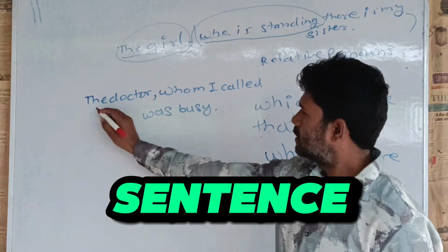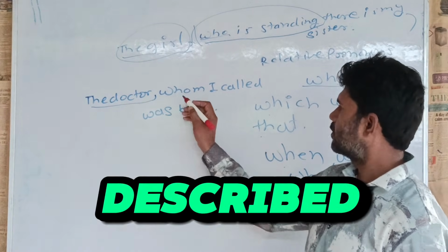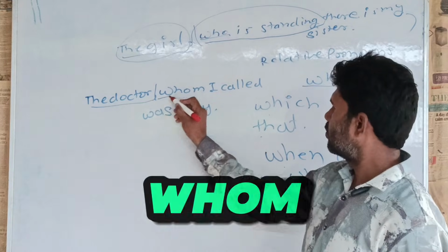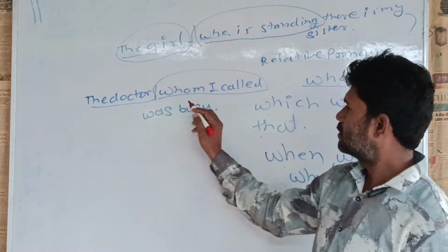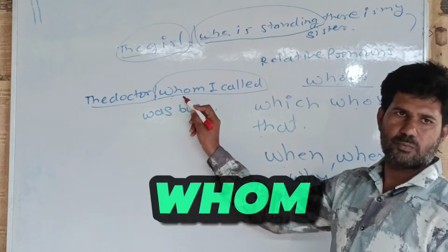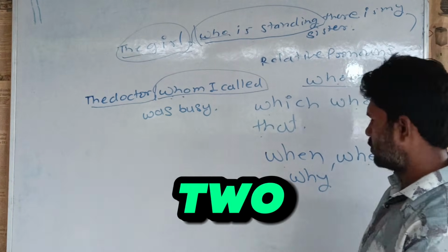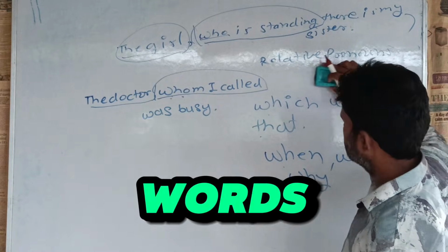For this sentence, the doctor is our subject and it is being described by this group of words: whom I called. The clause starts with the relative pronoun whom. So we have covered 2 words.